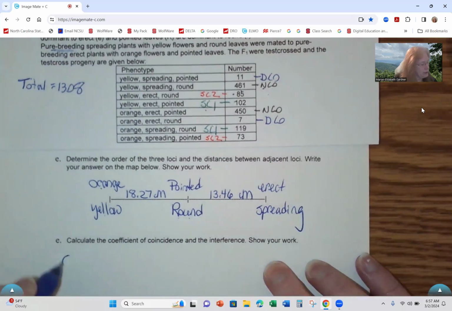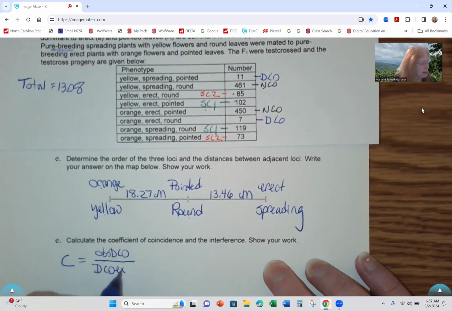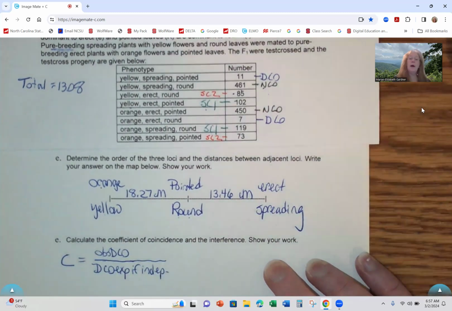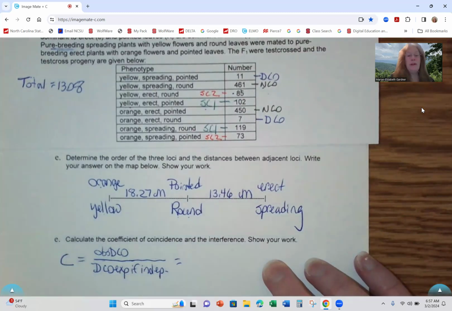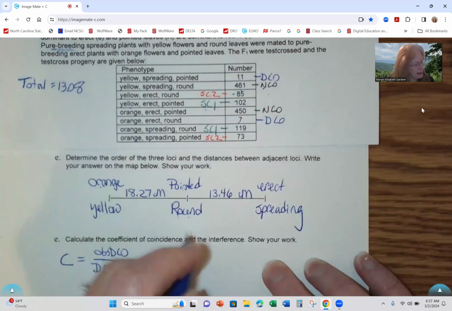So, coefficient of coincidence is observed DCO over DCO expected if independent. And here I'm talking about independence of crossing over between region 1 and region 2. Observed DCO, that's a piece of cake. 7 and 11. You've already labeled those.